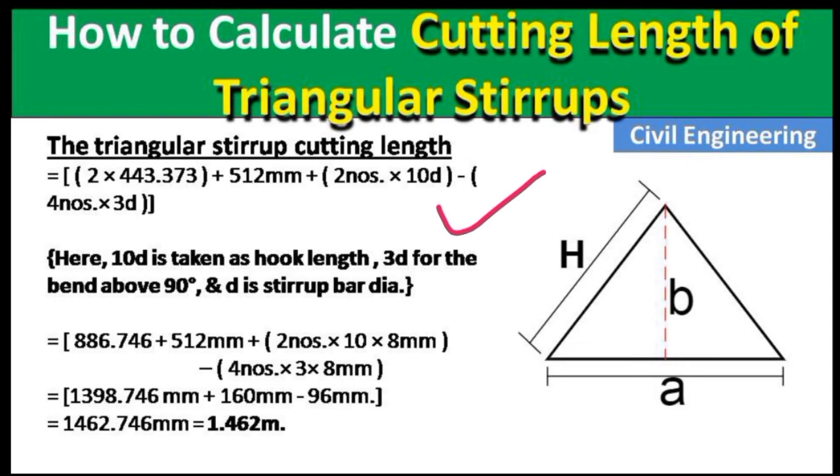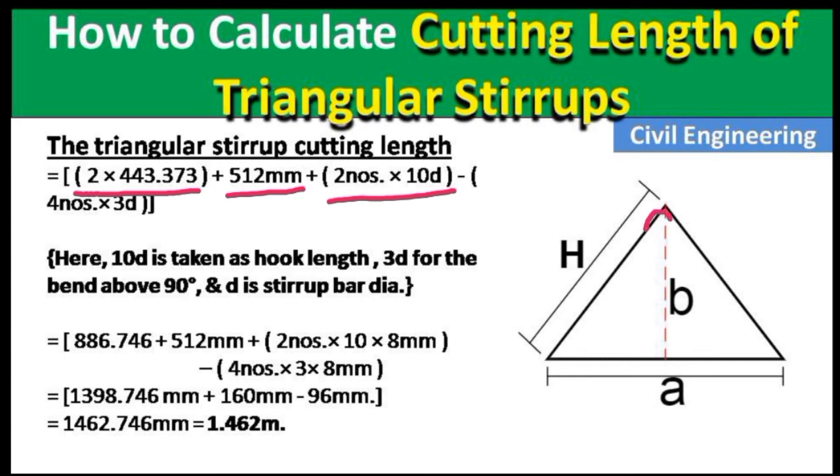You can see in the bar bending schedule how much hook length should be put for the different diameters of the steel rod, and how much bending length should be deducted for different angles of bend. So here 2 into h plus a plus 2 into hook length, which I have put as 10D.